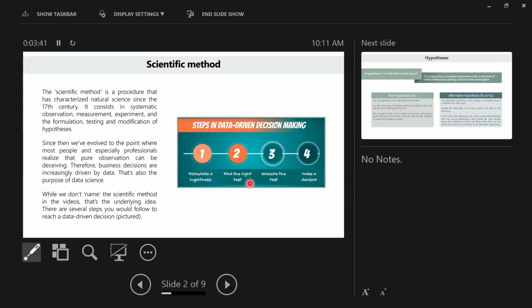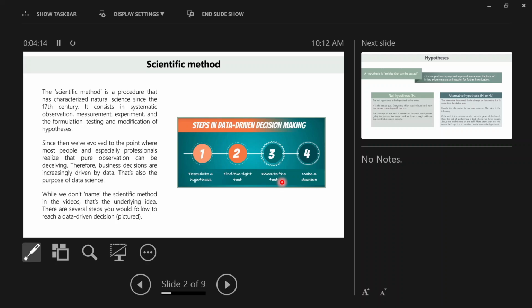We are going to see it later. Then you execute the test: you compare the value that you have calculated with the standard values of measurements. If this falls below here, this is the decision you will make. If it goes above, this is the decision you will make. The last one is decision making.